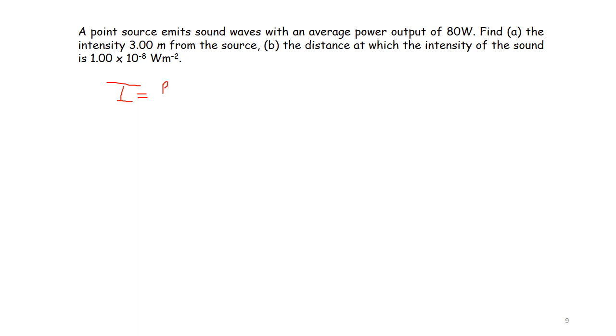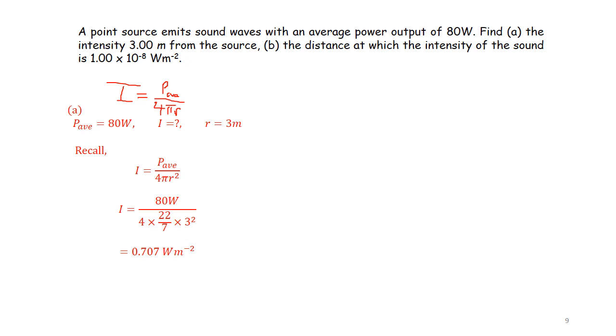Power, average power, and the area, which for a sound wave is usually spread out. Sound is spread out. So we have this, squared. So the area is the surface area.